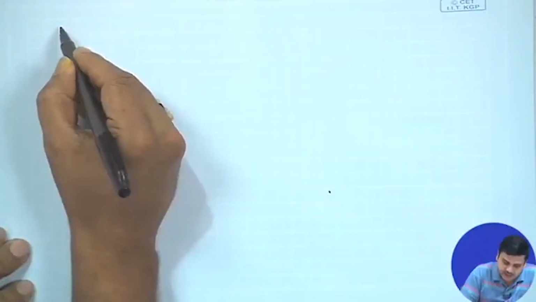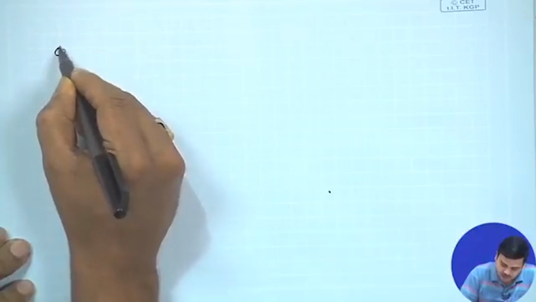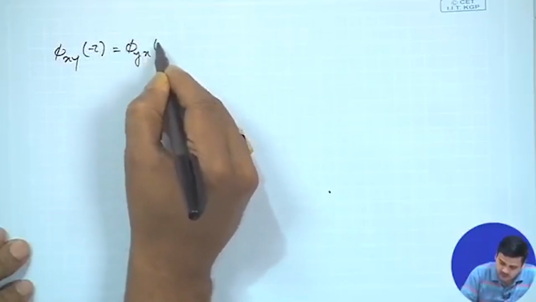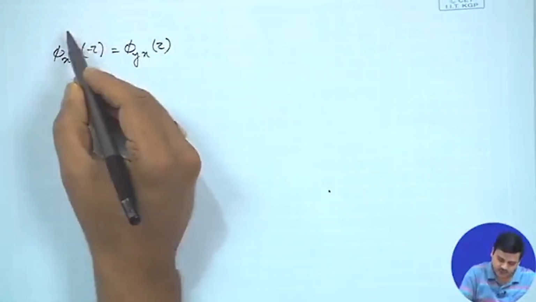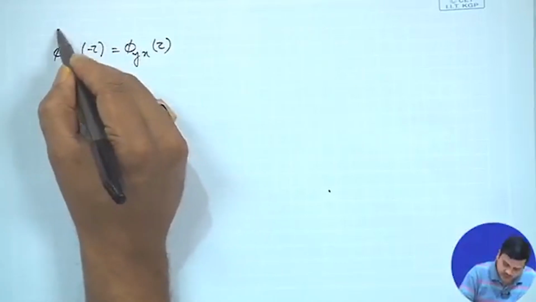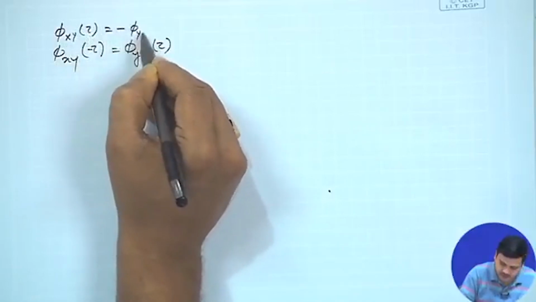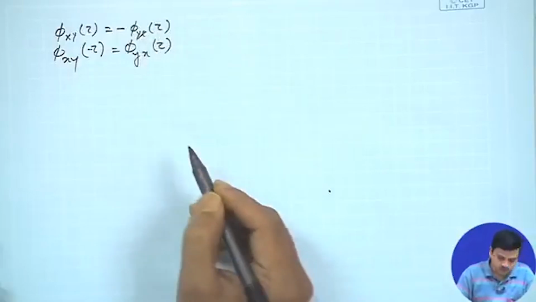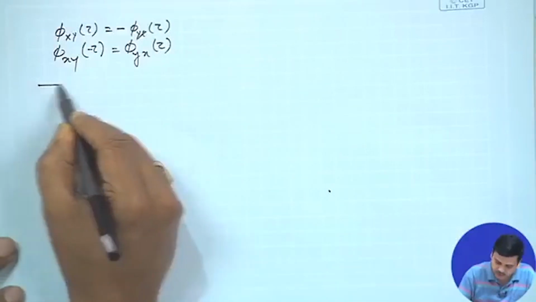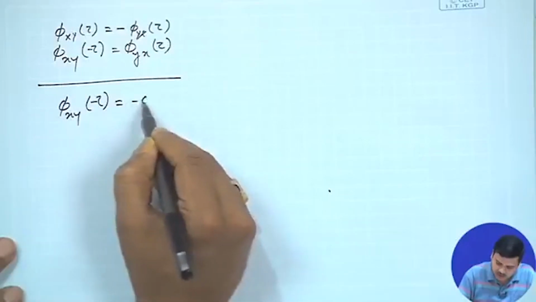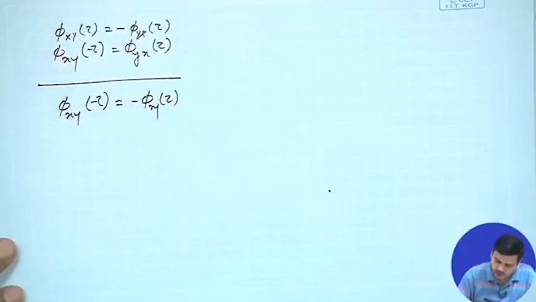Now since we have established these few relationships, what we could further state is that we have phi xy of minus tau is equal to phi yx of tau, this is one of the terms that we have. We also have phi xy of tau is equal to minus phi yx of tau. So with these two relationships we could basically establish that phi xy of minus tau is equal to minus phi xy of tau.